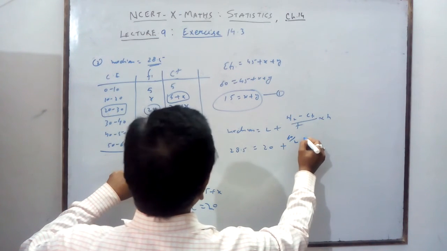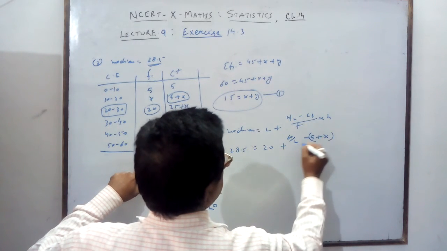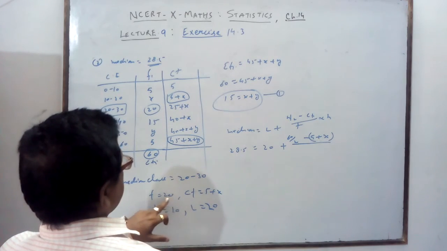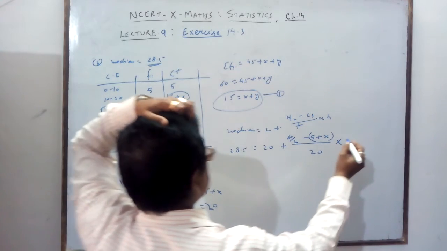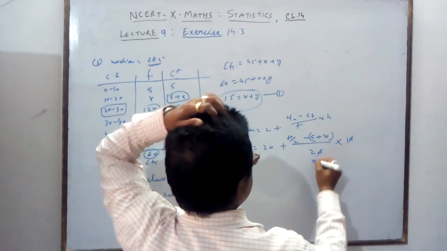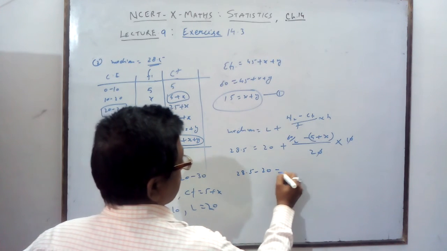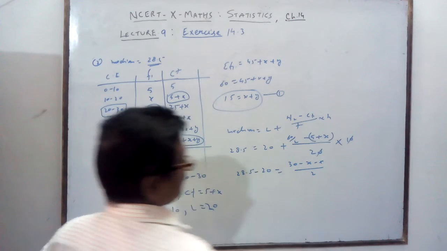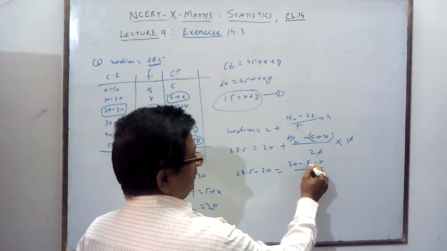What will you write? 60 by 2 minus 5 plus x in the bracket upon F. What is the F given? F is 20. Multiply by, what is the class size? 10. 0 and 0 cancel. 28.5 minus 20 is equal to 30 minus x by 2. 30 minus 5 minus x.